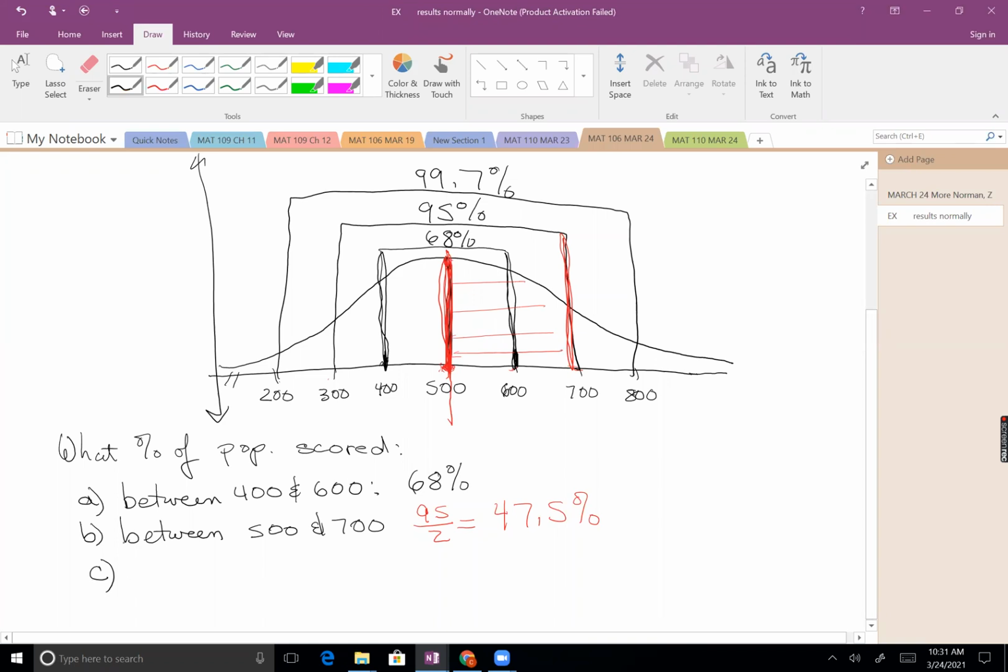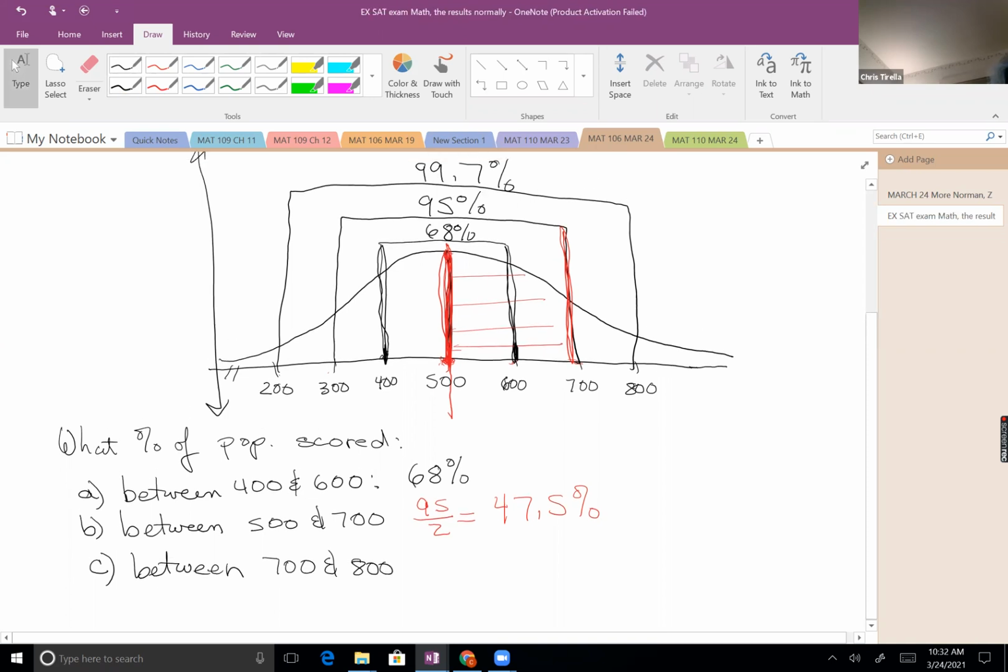What if I ask what percent scored between 700 and 800? This time we're looking between 700 and 800.